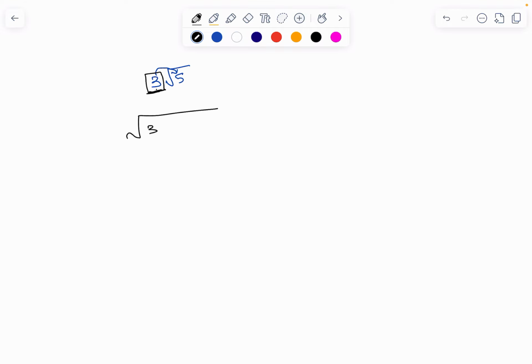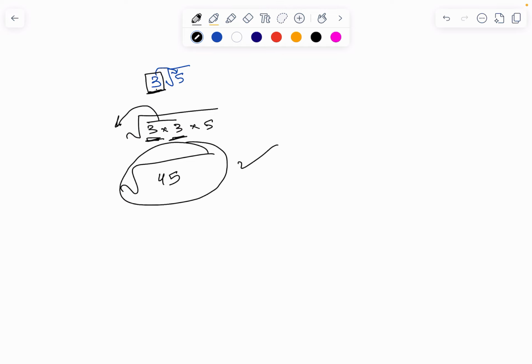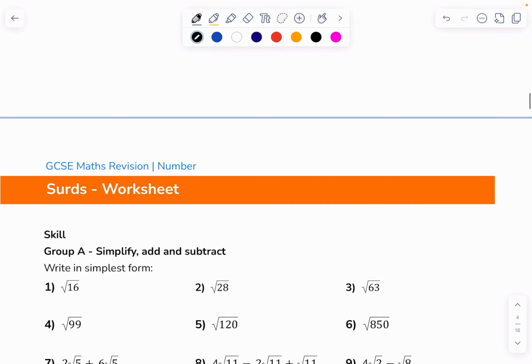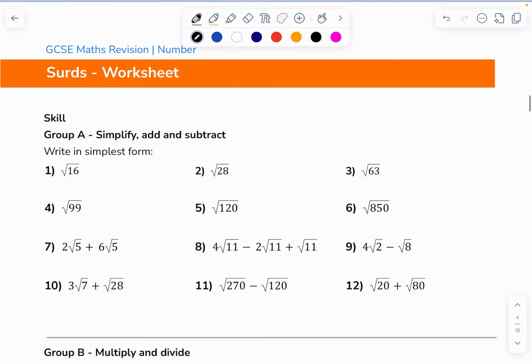So I will write 3 and 3 inside the root. Since I know if this is a pair, this will go out, right? So if I have to put back in, I have to place two numbers. So like this, 3 times 3 is 9, 9 times 5 is 45. So that's how you can put back in also. Okay, so these are the rules which you have to know for surds.